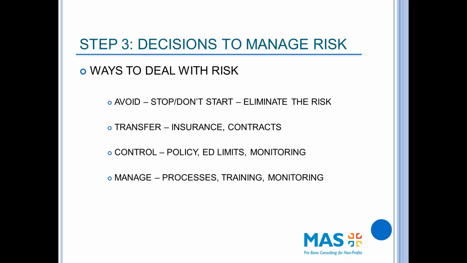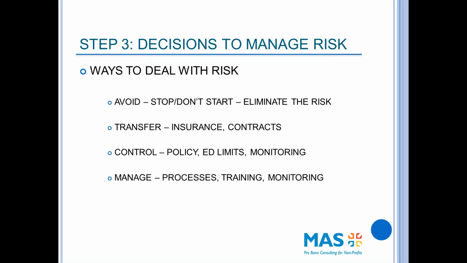So when I think about making decisions, now I understand, I've identified the risks in my organization. I have assigned each of those risks a likelihood rating, and I have assigned each of those risks an impact rating. And now I have to make decisions about those risks and how the organization is dealing with them.